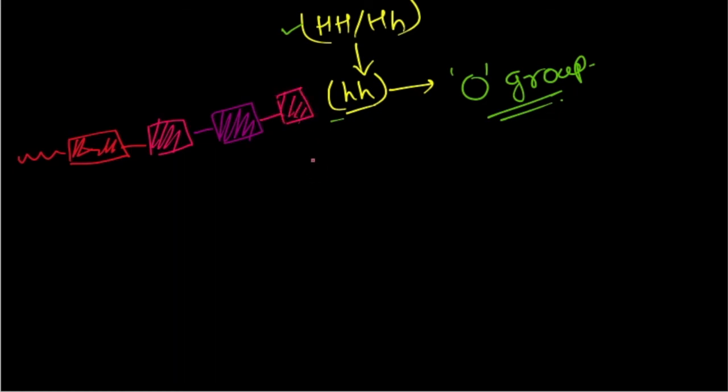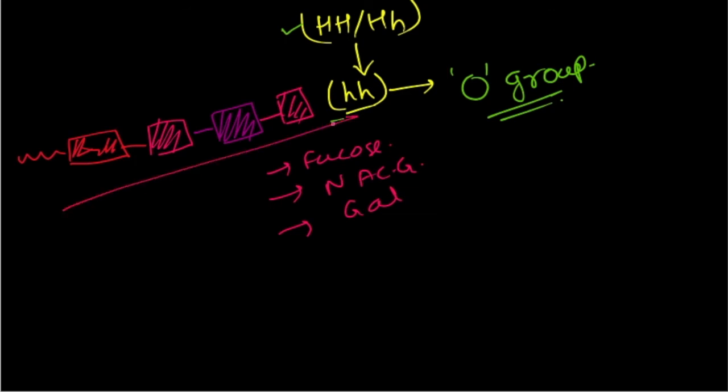Apart from that, no other sugar, not even fucose, nor N-acetylgalactosamine, nor galactose, this type of extra chains won't be added in this scenario, and therefore the individual phenotypically represents itself as the O blood group.